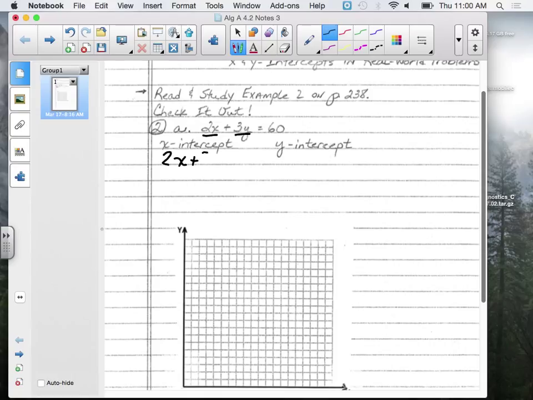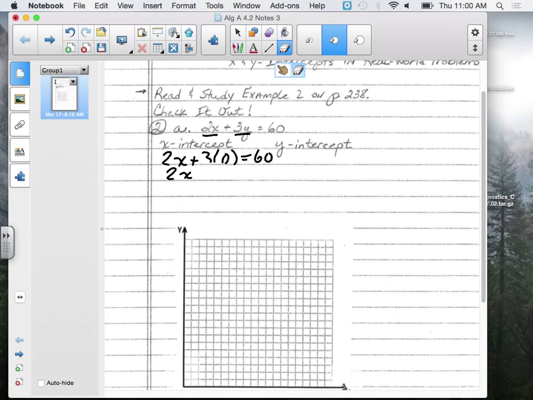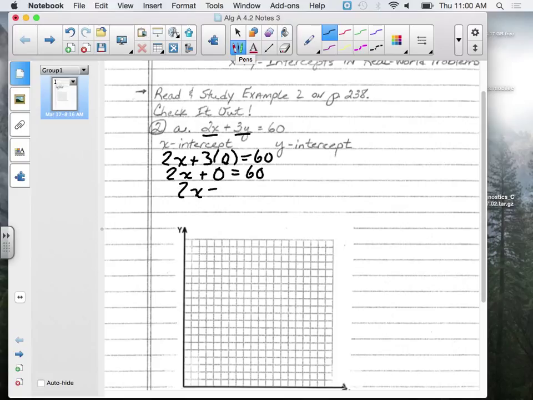We're going to use the intercepts to graph it, so we're going to do it in reverse order. We're going to use the intercept method of graphing. Instead of making a table and picking x values, we're going to find the x-intercept and the y-intercept, and we're going to use those 2 points to graph.